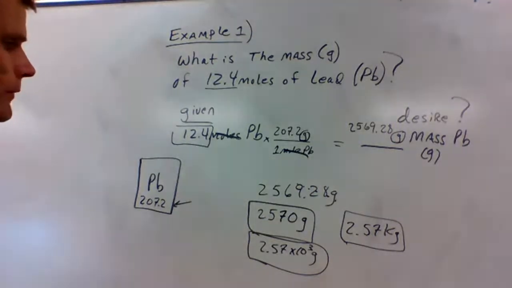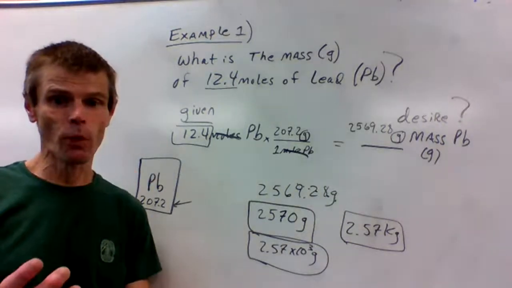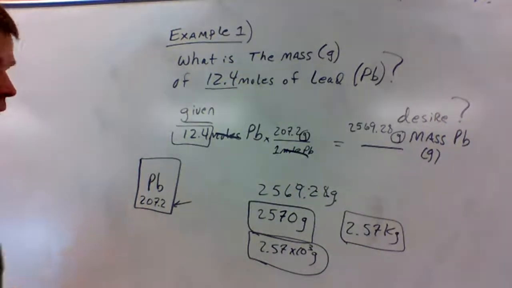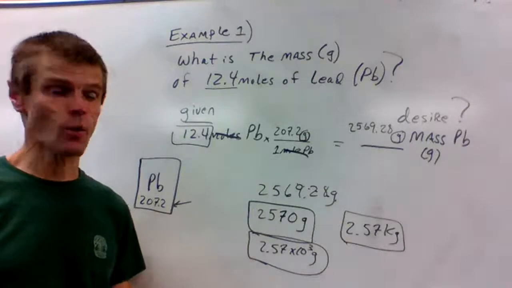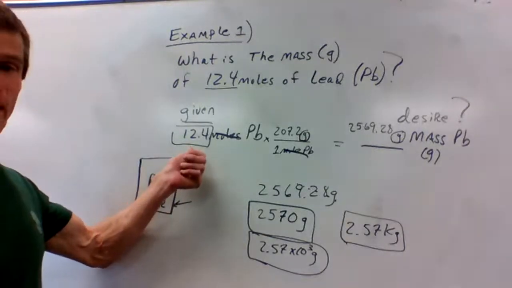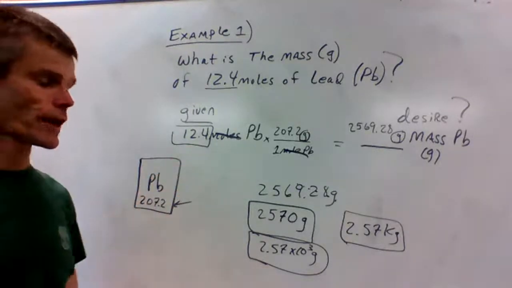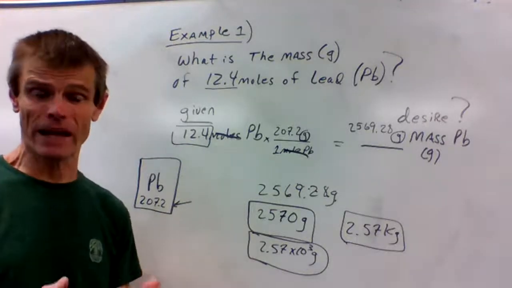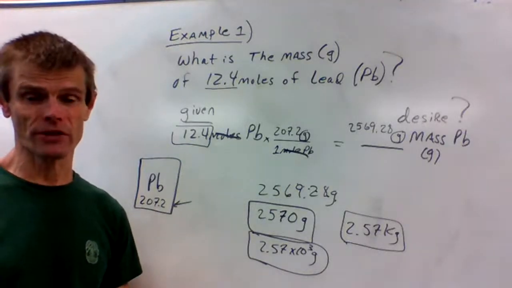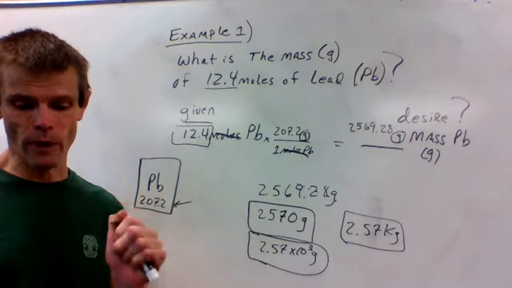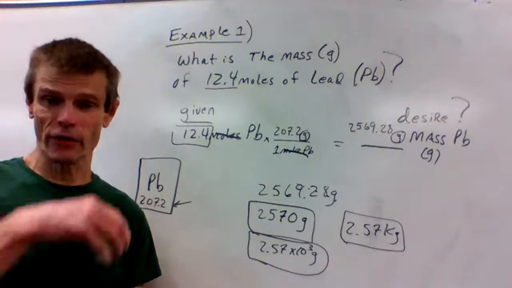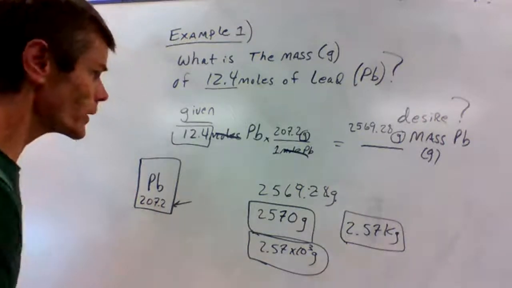Well, if 1 mole of lead is 207.2, 10 moles would be about 2,072. So we're over 10, we're at 12. Our 2,570 grams seems kind of reasonable. So this is one way to solve a problem. Let's try another example. Let's try one more example.